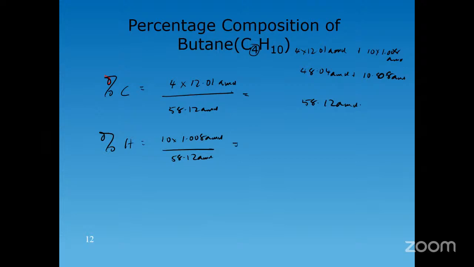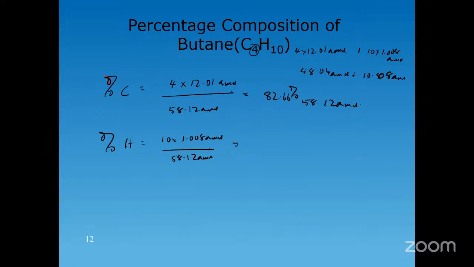So 4 times 12.01 divided by 58.12 times 100. So for the carbon, that would be 82.66%. And then in the case of hydrogen, 10 times 1.008 divided by 58.12 times 100.